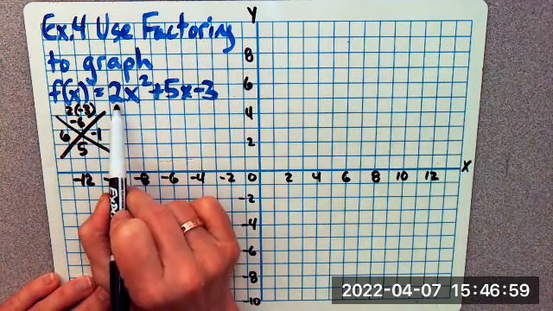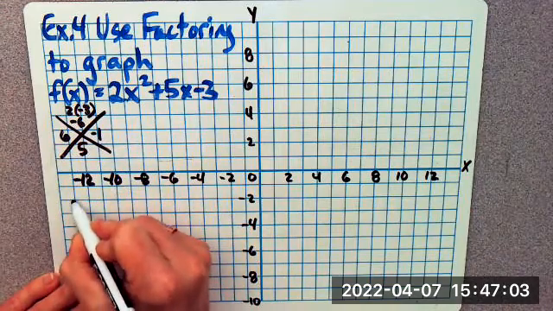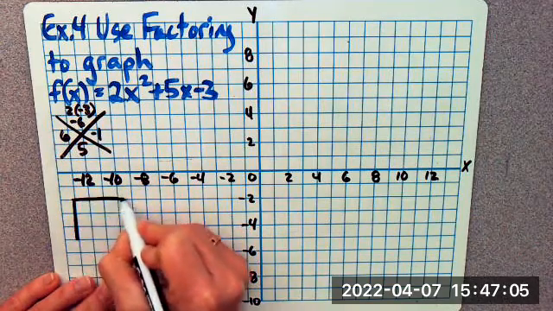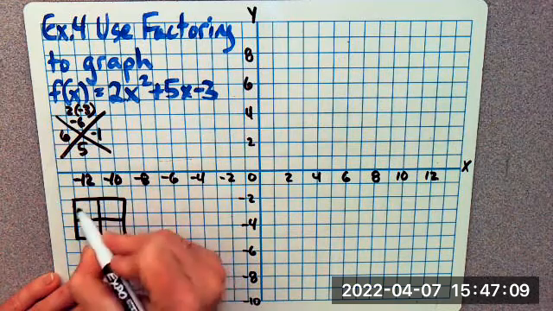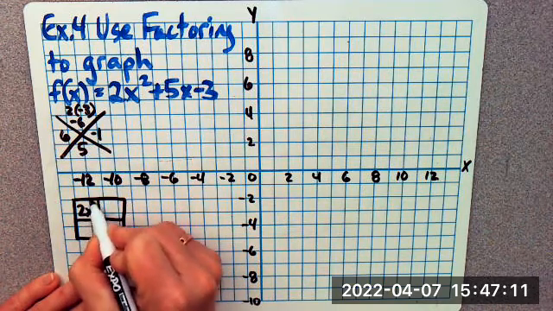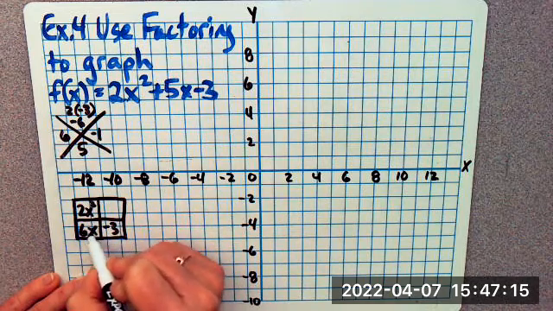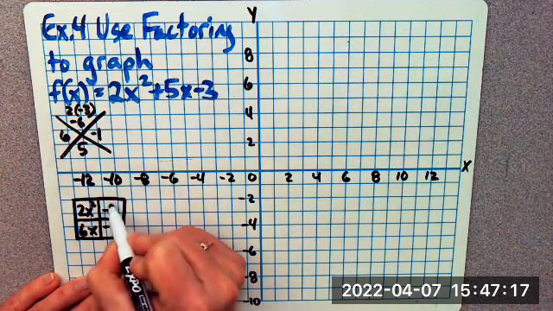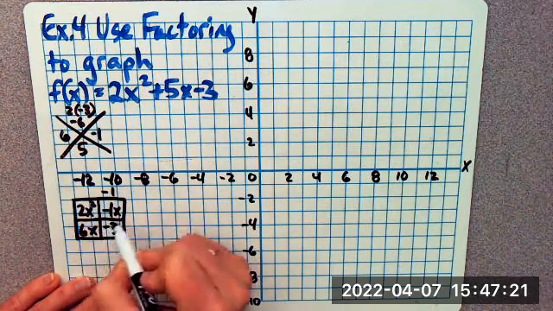Because this is not 1, we're going to have to use the box. So let's take a look at the box. So we have 2x squared minus 3. Then we have 6x and negative 1x. So we have a negative 1 here.